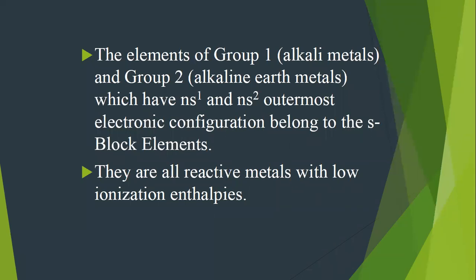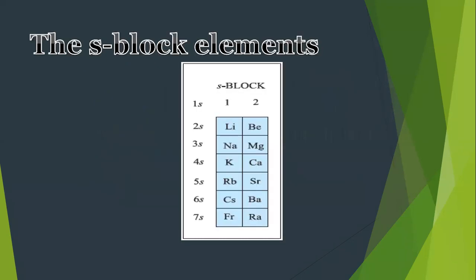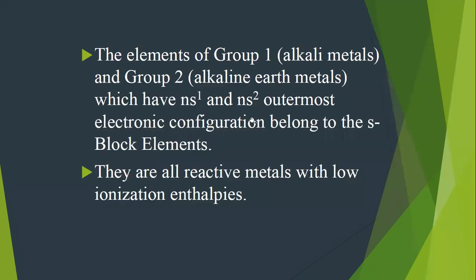They have ns1 and ns2 outermost electronic configuration and belong to the s block. Here n means the number of the shell, s means the s orbital, and the superscript is the number of electrons present. They are all reactive metals with low ionization enthalpy.